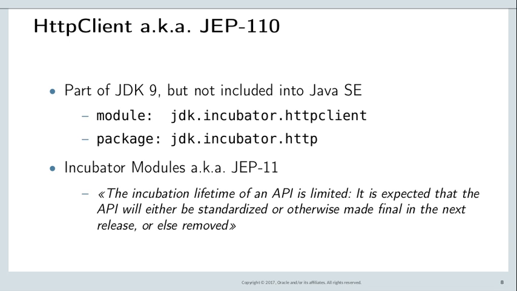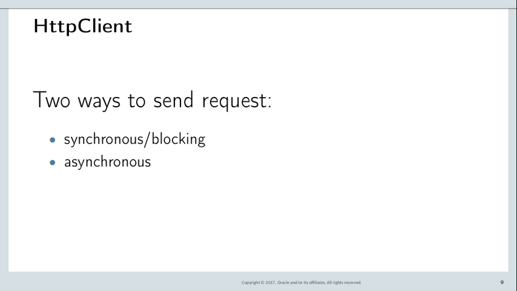The incubator allows us to process feedback from the community and change it before standardization. Also, in Java 10 this new HTTP client is still located inside the incubator, but it will be standardized in Java 11 and moved to the proper API.